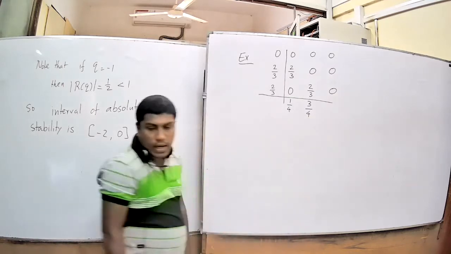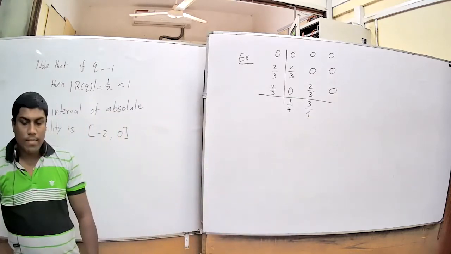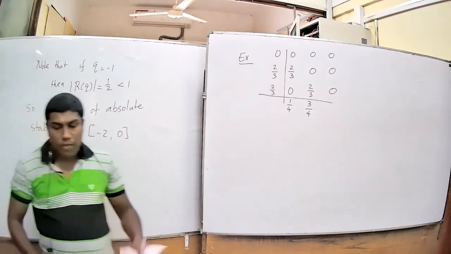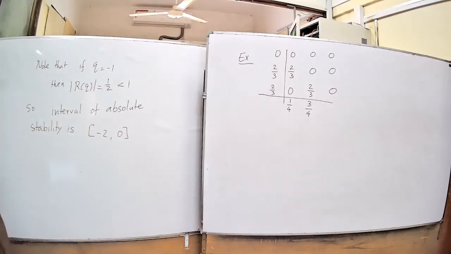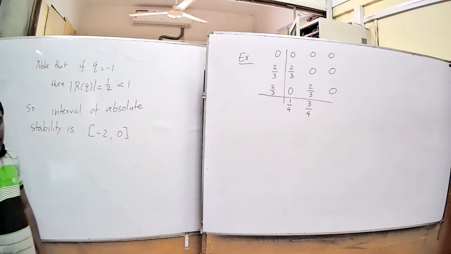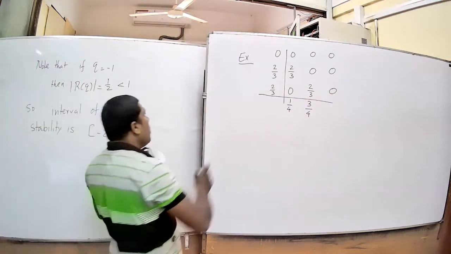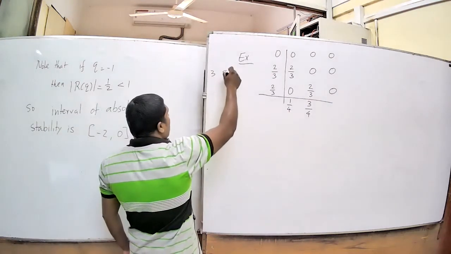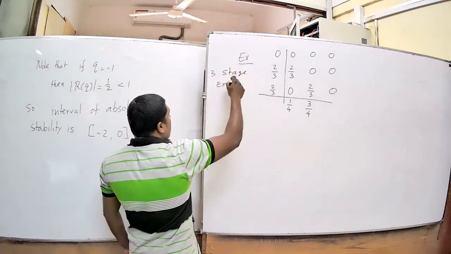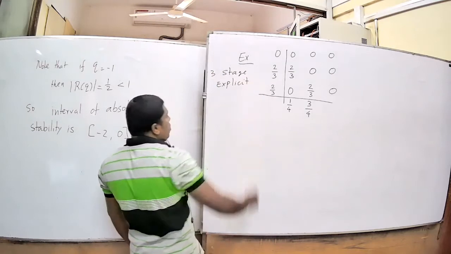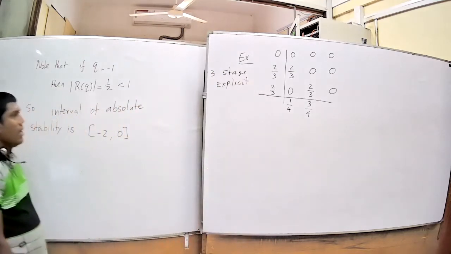So you all clearly know it is a third stage method, right? When I give this table, you know this. These two are clear: three stage explicit.